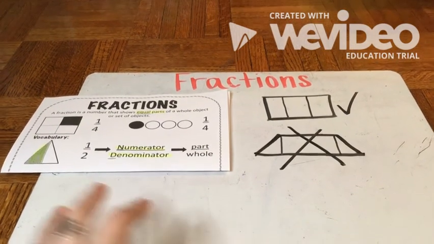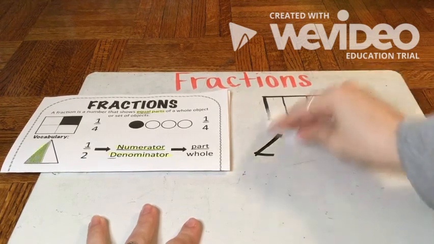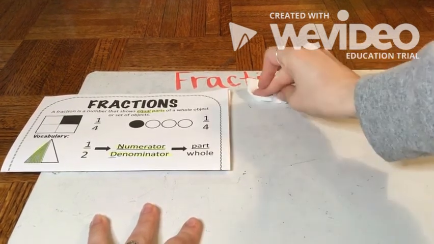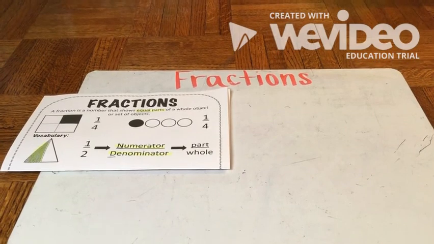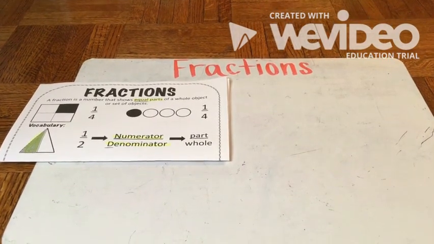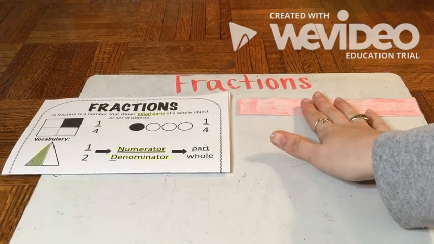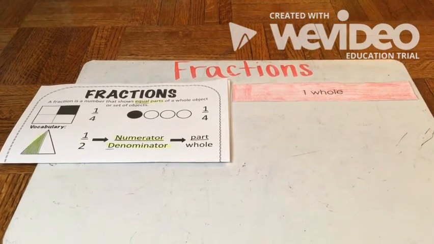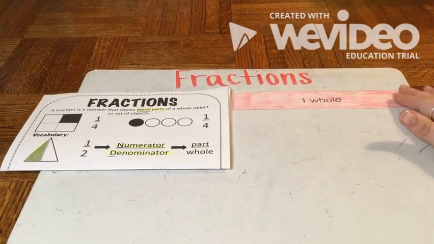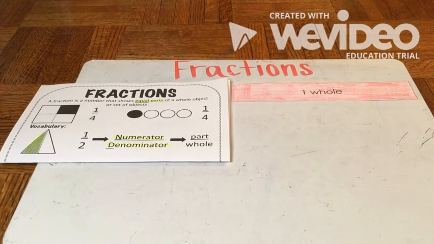Now, when we're working with fractions, we have different vocabulary that we might use for fractions and different names. So, looking at this one bar, it says a whole. So, one whole is a full object.